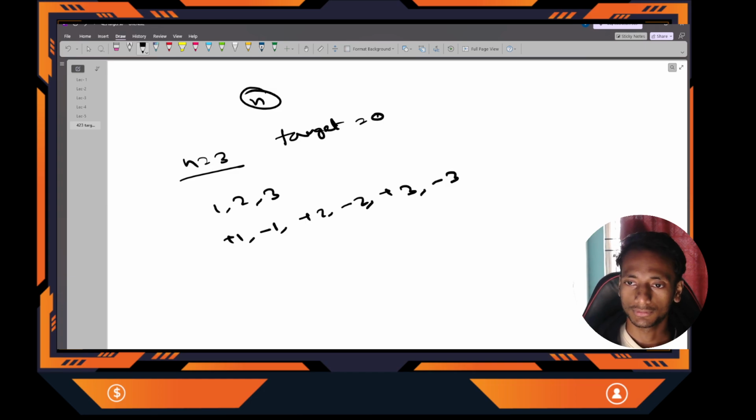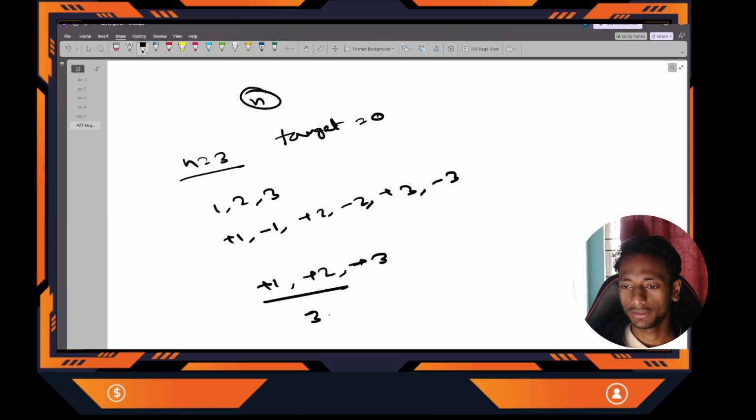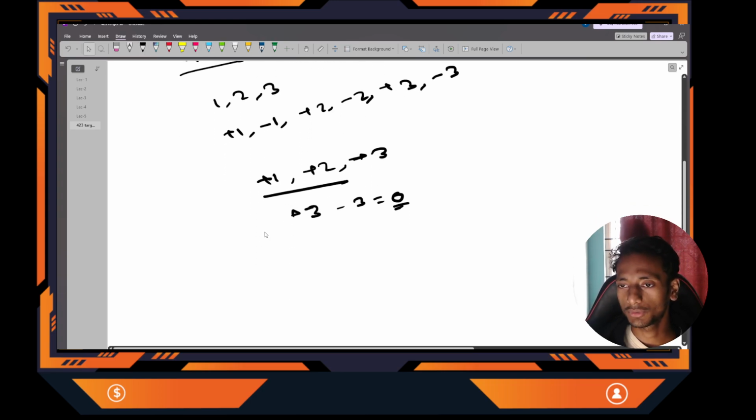Suppose our target is 0. That means we can do plus 1, plus 2, then minus 3. You can see that the total value is 3 and here actually minus 3, so it is equal to 0, which is equal to target. So that is one possible array.